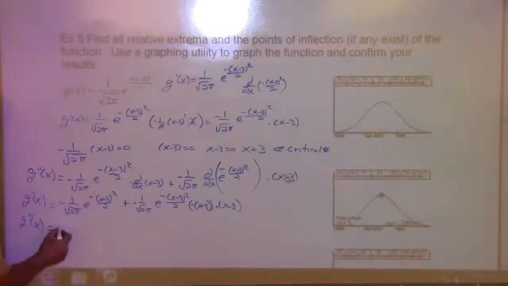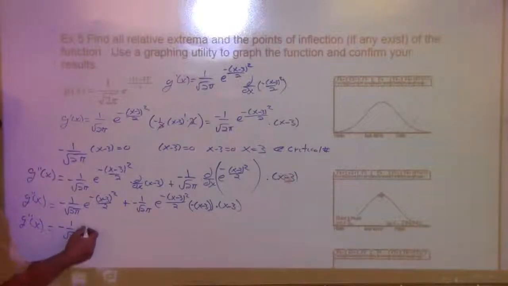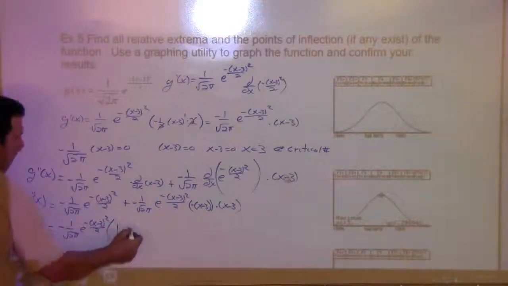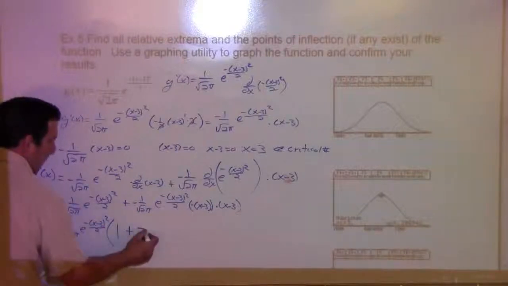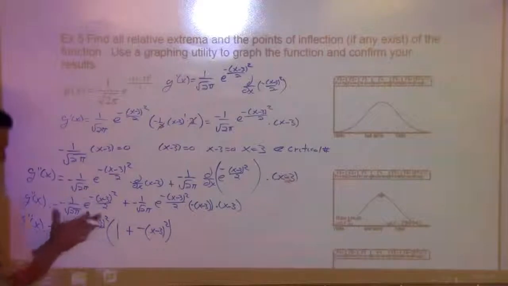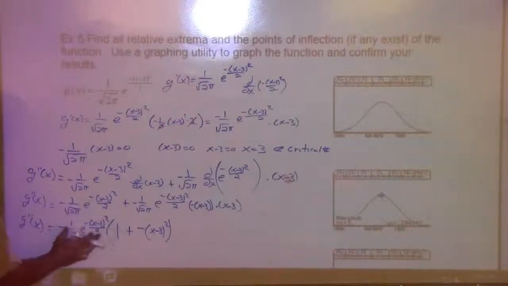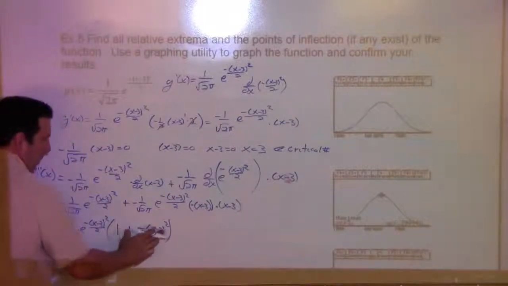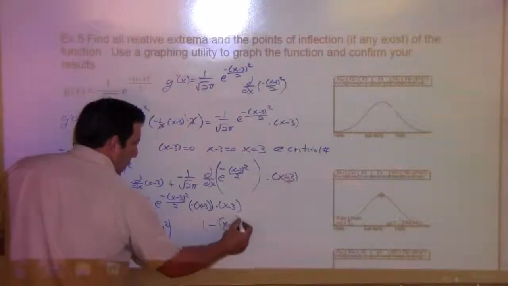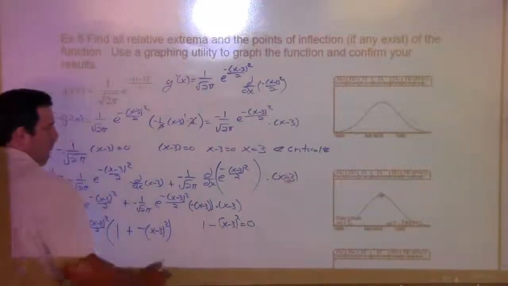So I can factor that out and have negative 1 over the square root of 2 pi times e to the negative of x minus 3 squared over 2 times, factoring out, 1 plus this negative of x minus 3 squared. So this first part's never going to be 0. The second part can be 0, so we do 1 minus x minus 3 squared equals 0.